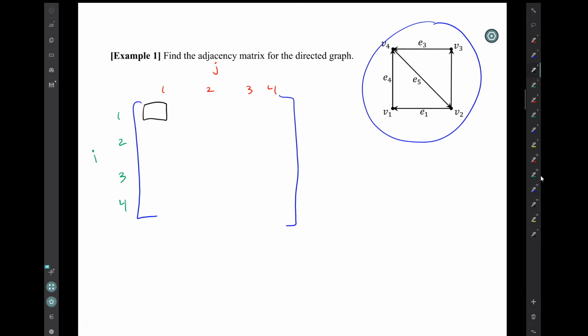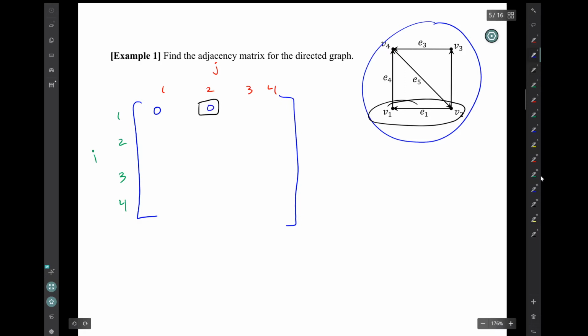That's the number of arrows from vertex 1 to vertex 1. Well, there are no arrows from vertex 1 to vertex 1. So there's a 0 there. What about the entry that goes there? That's going to be the number of arrows from vertex 1 to vertex 2. Well, there are no arrows from vertex 1 to vertex 2. So a 0 goes there as well.